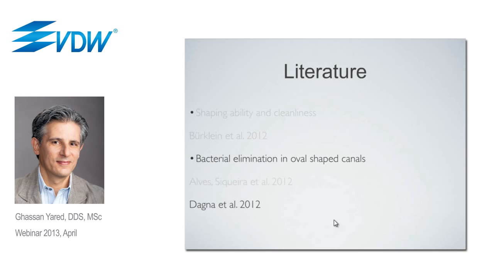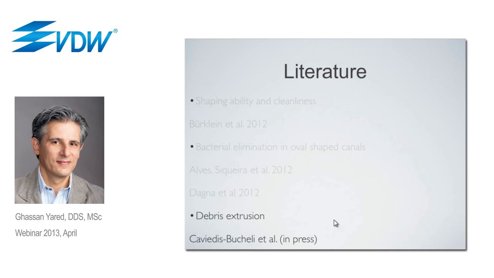And there is also one other study that was published recently that has shown that single file reciprocation is as efficient as clockwise rotation for the cleanliness of the canals. And there is also this very important study that indirectly showed that debris extrusion with the Reciproc instrument is much less than with the rotary instruments.